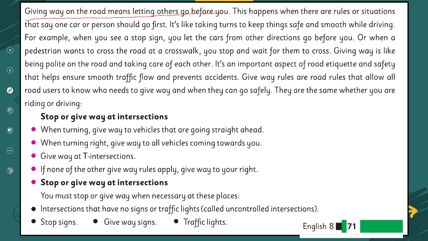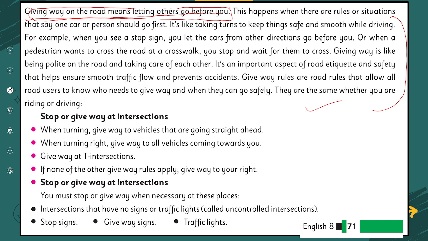So this statement is telling you what is going to come over here and what the main idea is. The main idea is giving way on the road, to let others pass, give way, be empathetic and sympathetic of others.